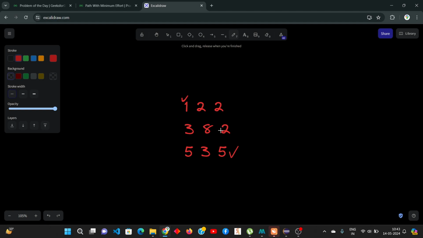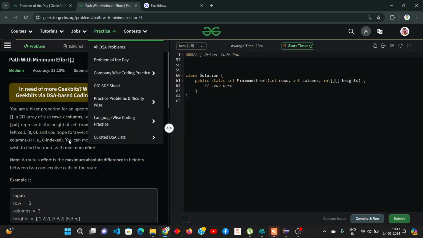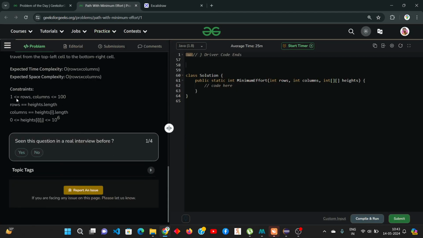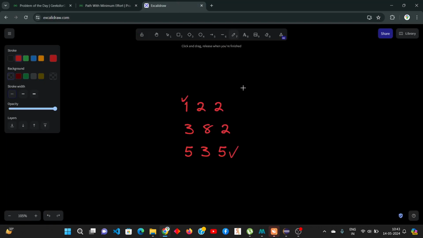And since we only need one ending point, we don't need to bother about the Floyd. Dijkstra will be enough. And also there are no negative cycles, because they are telling that the value will be 0 to 10 to the power 6. So we can use Dijkstra here.